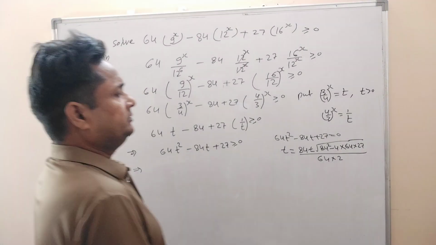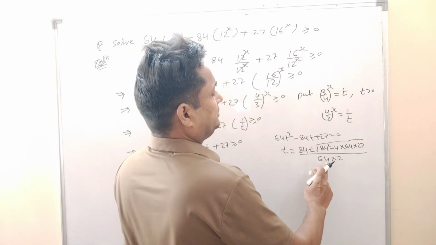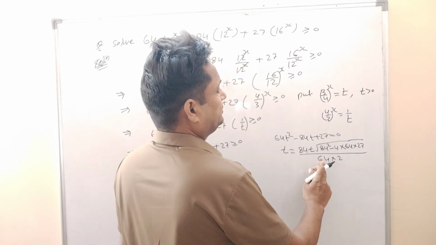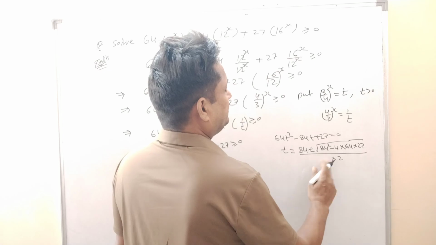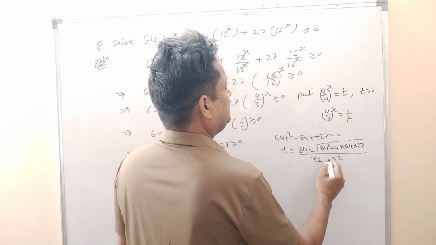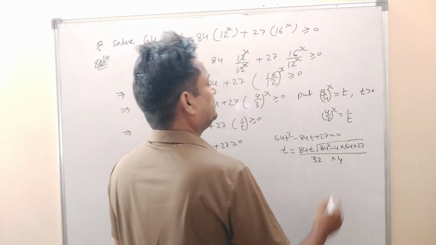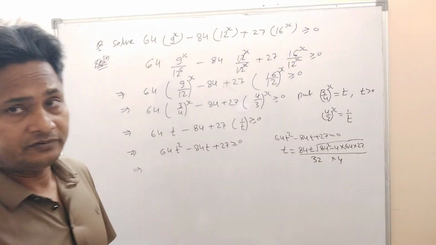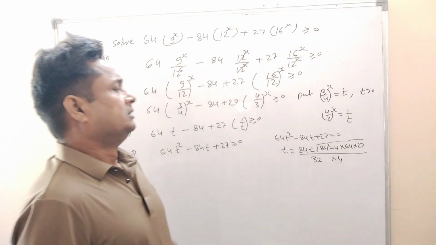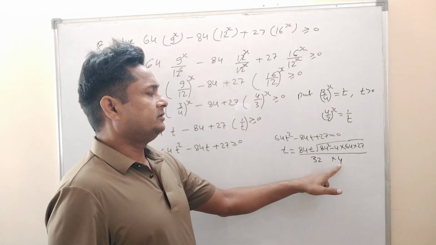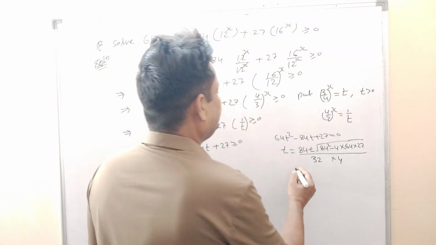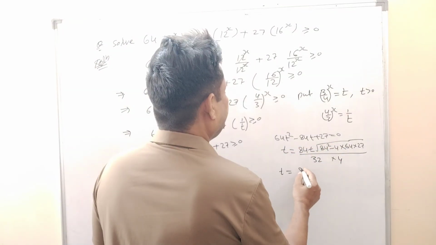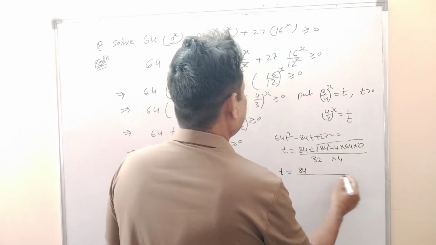So now this can be written as 32 into 4. Now, if you divide by 4, numerator, what will be the result? t will be equal to 84.